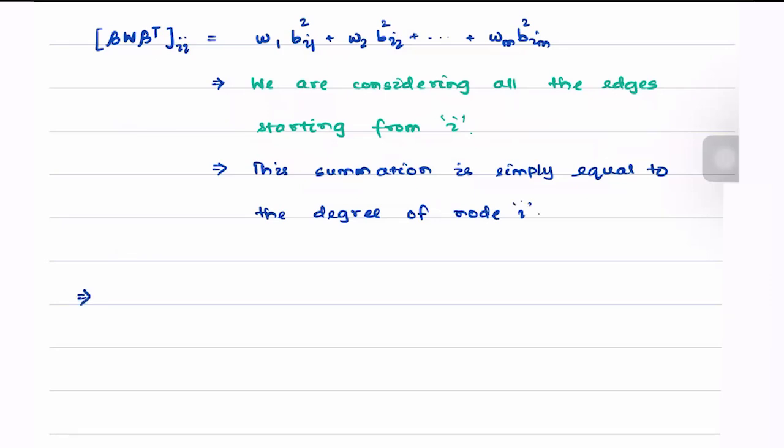Hence, we can write that B W B transpose, its iith entry, is simply equal to the summation of all of the outgoing edges from I, meaning Aij, where j now varies from 1 to N. So now, what are the two expressions that we have?